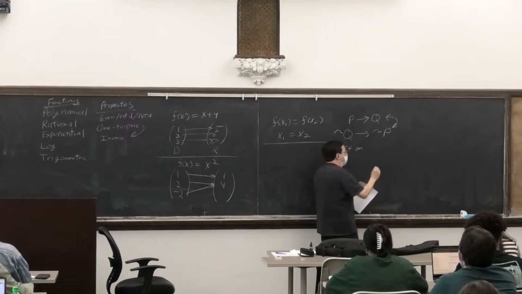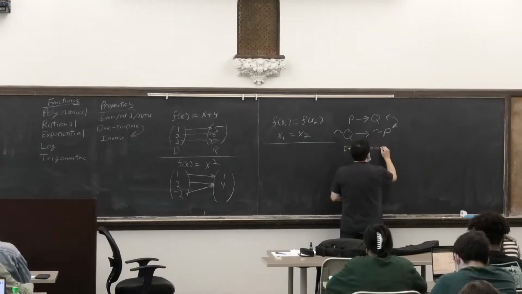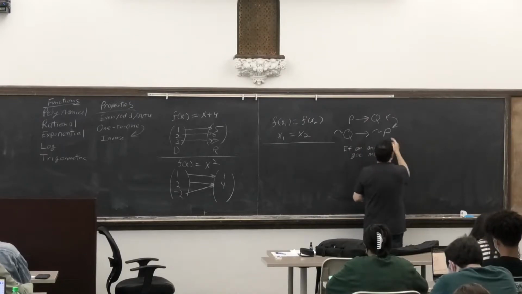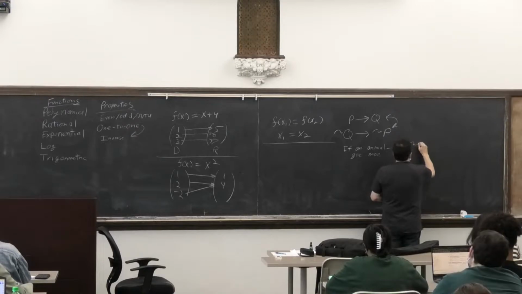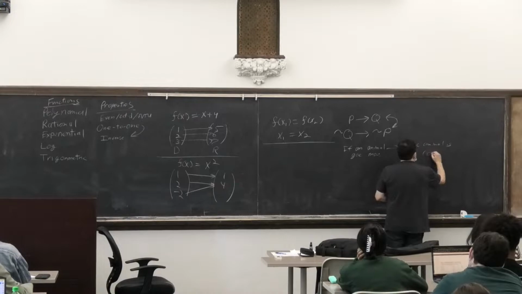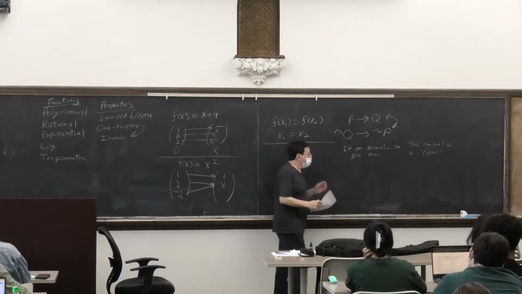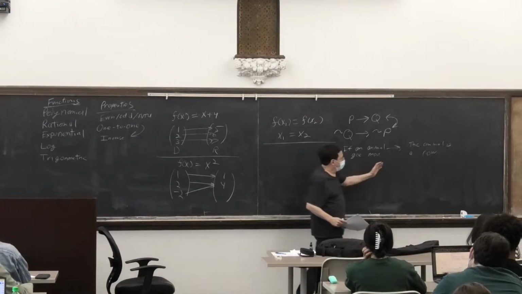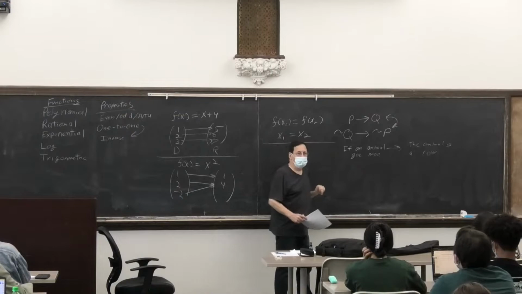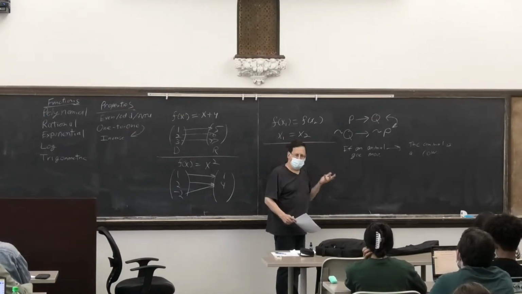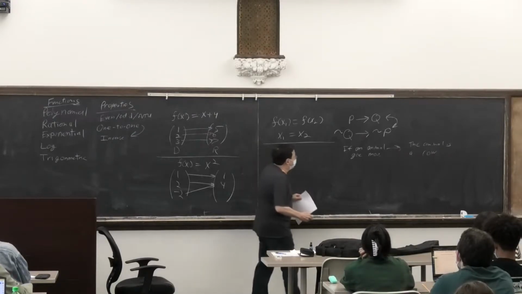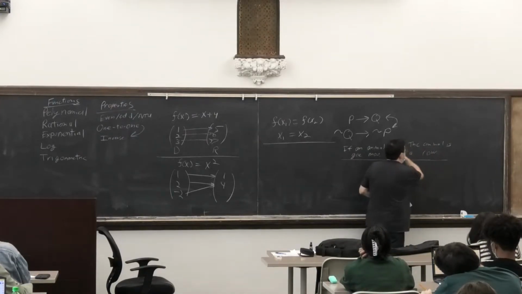You have to give me a little leeway here. An animal goes moo. That's my P. The animal is a cow, right? So the contrapositive would be an animal doesn't go moo, it's not a cow. Think up a couple of these to convince yourself that these are kind of saying the same thing.